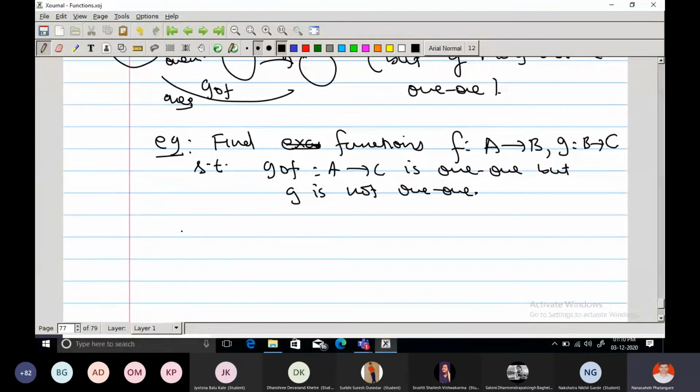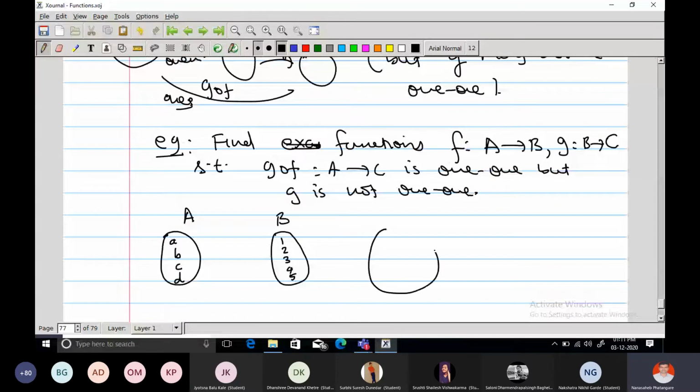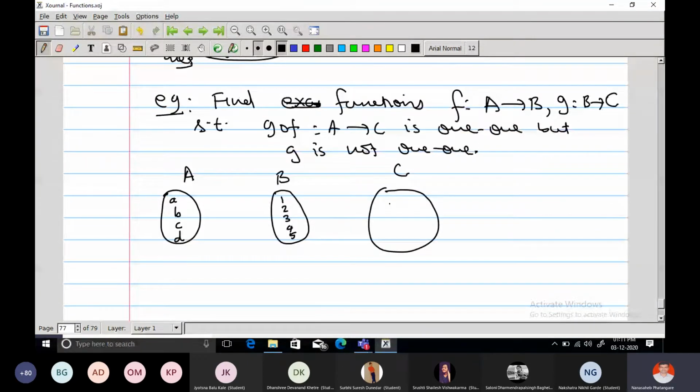Here I will consider simple sets. So A: a, b, c, d, a 4-element set. B: 1, 2, 3, 4, 5, a 5-element set, for example. We'll consider another set C: p, q, r, s, for example.